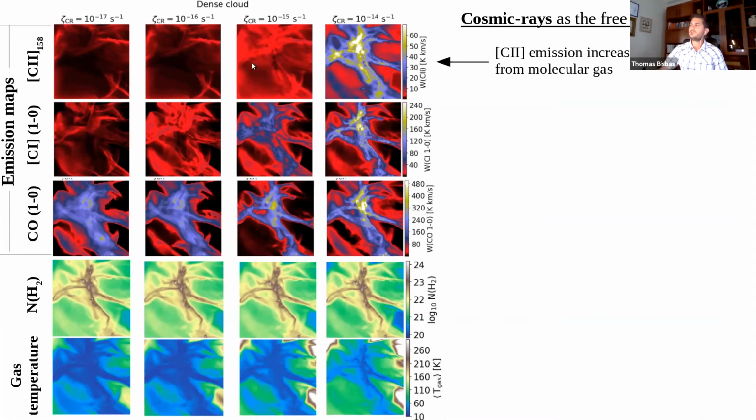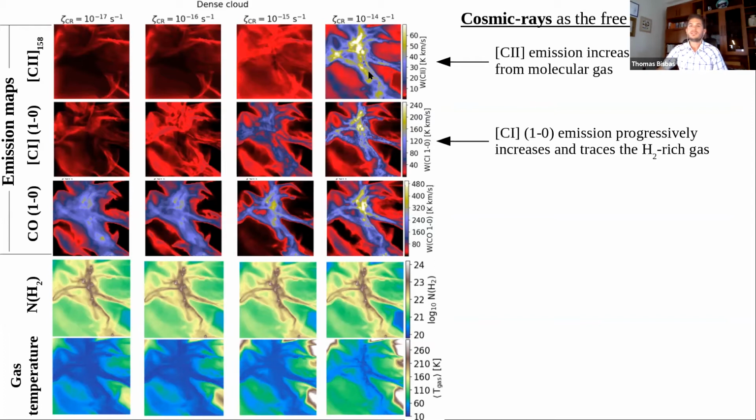Therefore, that's why you see this sudden increase here. Now, if we move on to the C I 1-0, the atomic carbon line is this one. It is also increasing as a function of the cosmic ionization rate, and it is well connected with the H2-rich gas as well. This supports earlier suggestions that it remains a good tracer for molecular hydrogen.